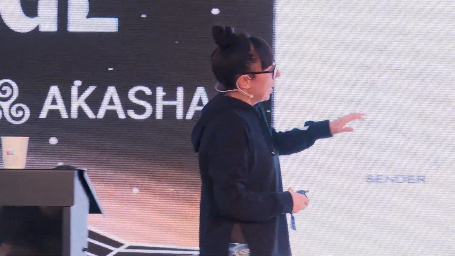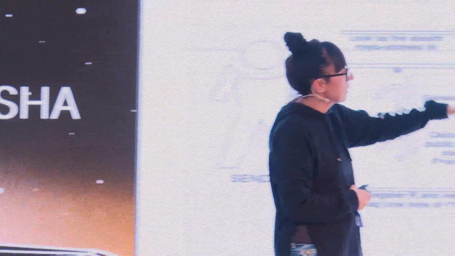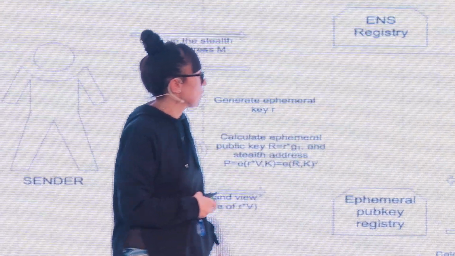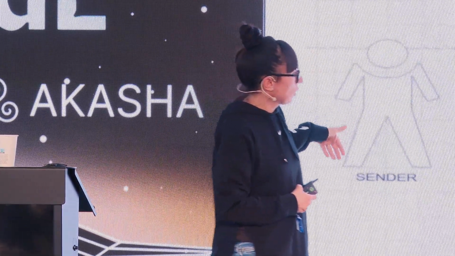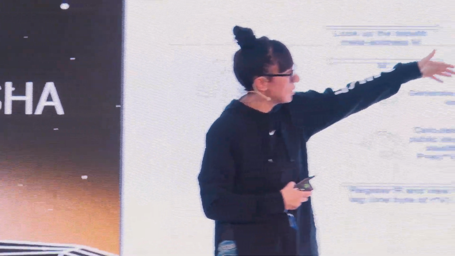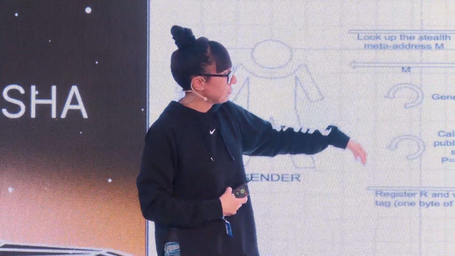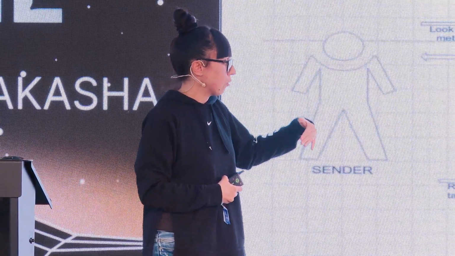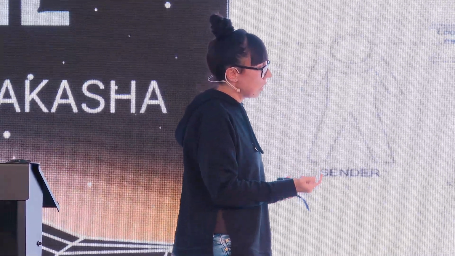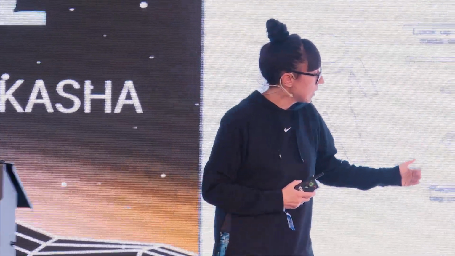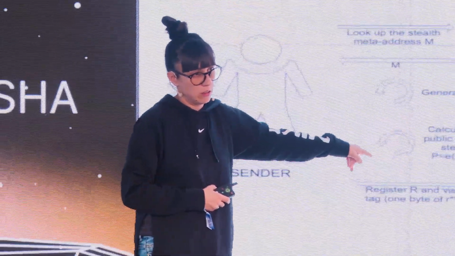So when Bob generates his pair of keys, he will add the public keys in this registry, like we had before. And the sender, Alice, will go to the registry. She will find the public keys, and she will also generate her pair of keys. After that, she will calculate Bob's new address, and the public key of the new address will be the result of pairing, okay?